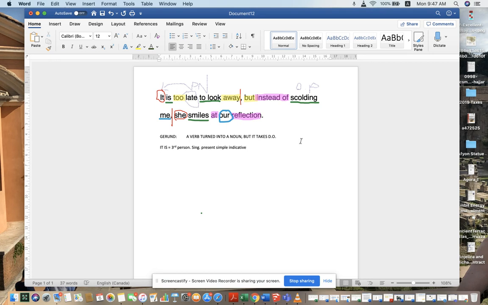They don't need to be tensed the way we've just done; they pretty much fit into anything. Scolding does not need it. Remember, it's a verb acting as a noun. And then we have "she smiles." She, again, is third person, singular. It is present, simple, and indicative.